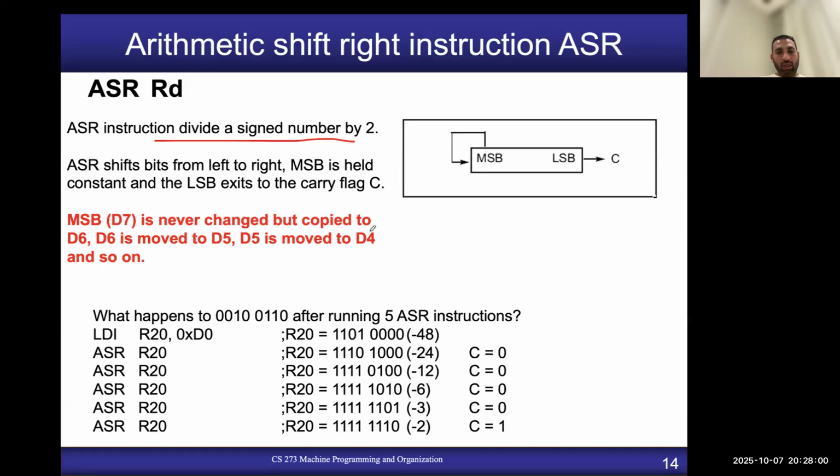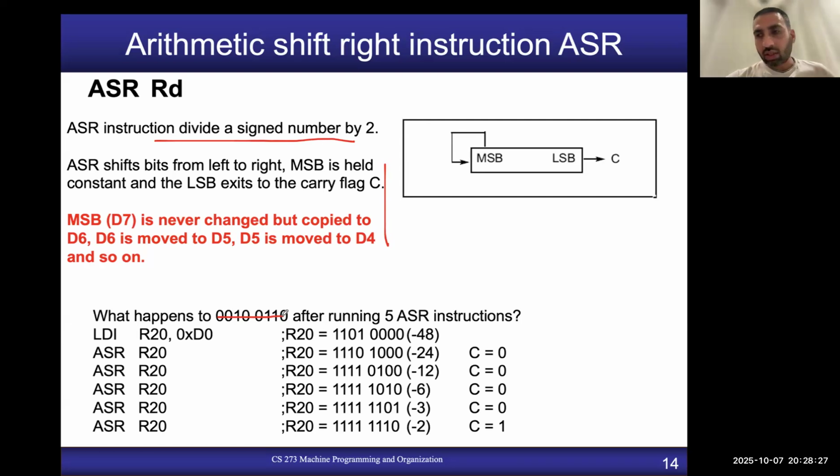Okay, I'm not going to read this because I have explained how this instruction works. So now let's say we have a number, and we want to divide it using the ASR instruction, right? This is incorrect, right?